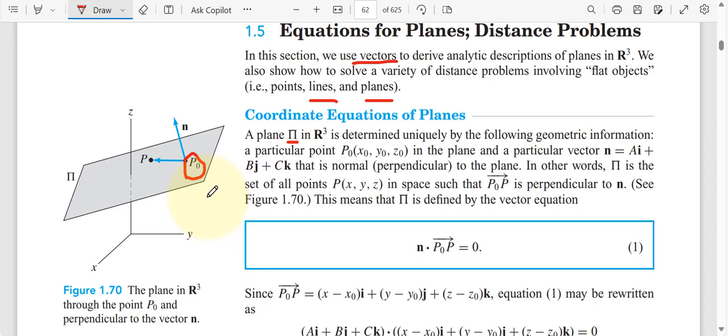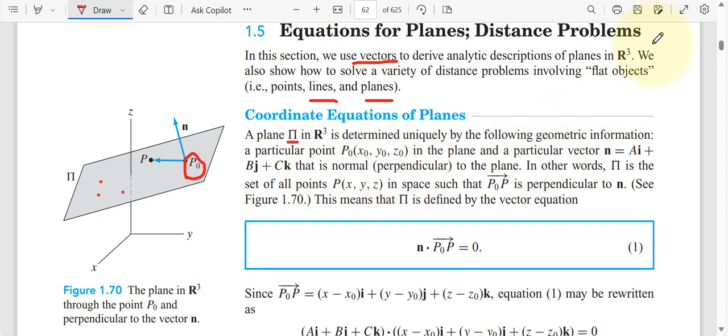Okay? So we can specify a plane in this way. Instead of doing it in terms of 3 points in the plane, we can say we want the plane which is perpendicular to some given vector n and goes through some given point p sub 0. So that's what they say. A plane P in R3 is determined uniquely by the following geometric information: a particular point in the plane and a particular vector n that is normal or perpendicular.